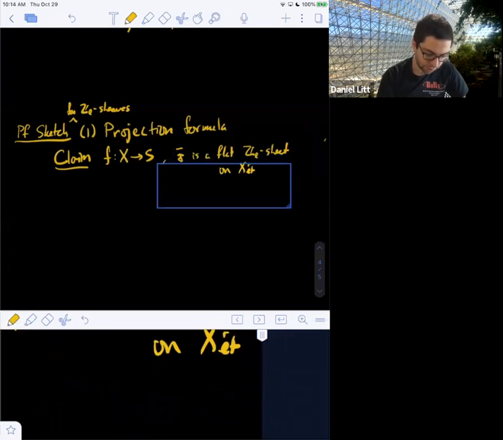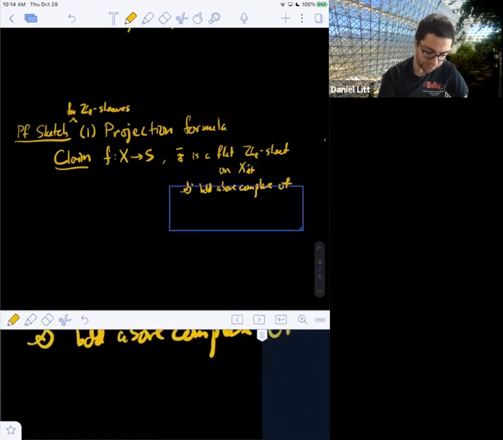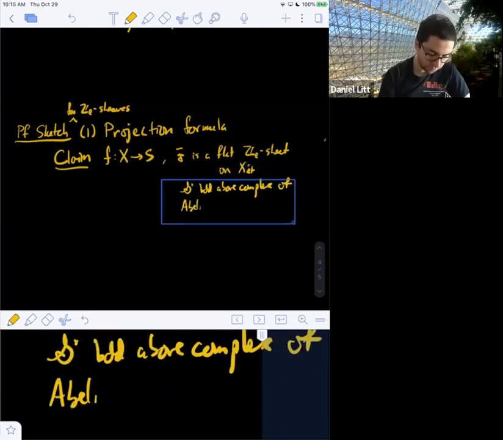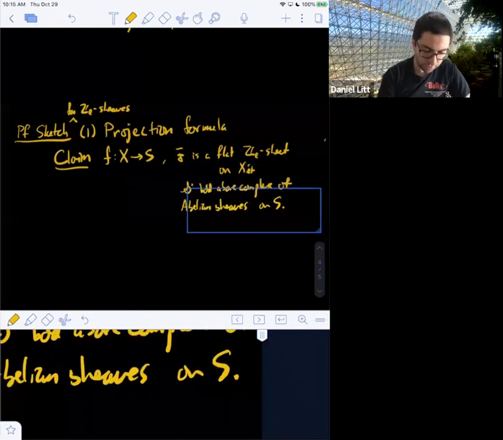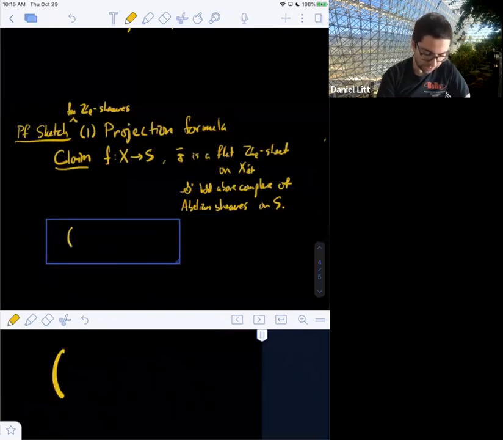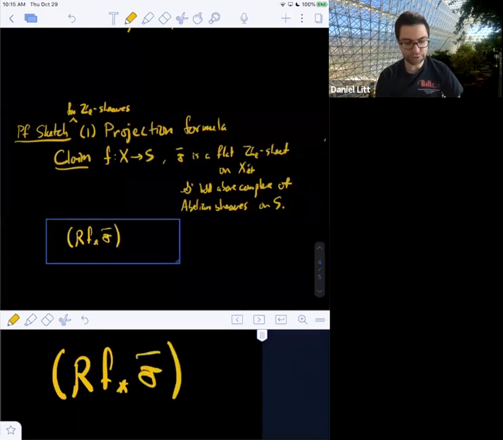And G is a bounded above complex of abelian sheaves on S. Then the claim is that there's a natural morphism going from the derived push forward of F. Just a reminder, what is this thing?